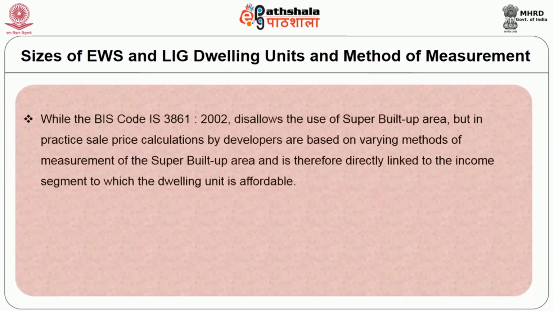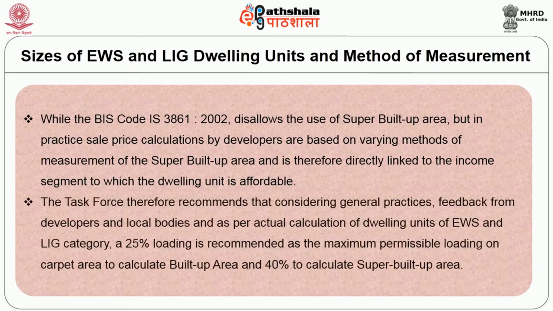While the BIS code IS 3861:2002 allows the use of super built up area, in practice sale price calculation by developers is based on varying methods of measurement of super built up area, and it is therefore directly linked to the income segment to which the dwelling unit is affordable.